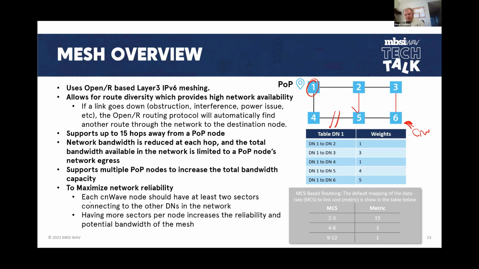In the case of design of the network, I used some of Cambium's recommendations here. Each node should have at least 2 sectors connecting to other DNs in the network in order to form up this mesh. If we don't, if 1 was connected to 2, connected to 3, for example, to 6, and 5 didn't exist, then if anything happened to 2 or 3, I would lose my communication with 6.